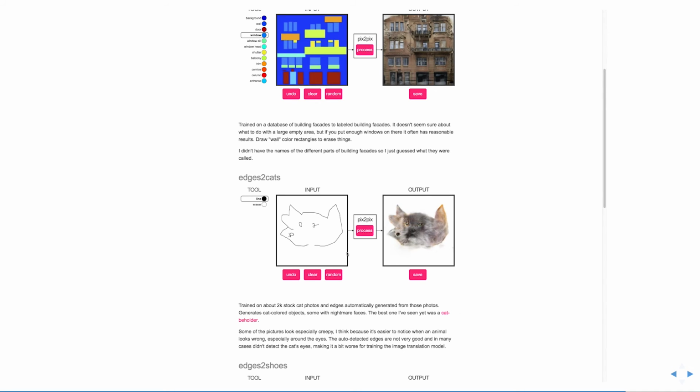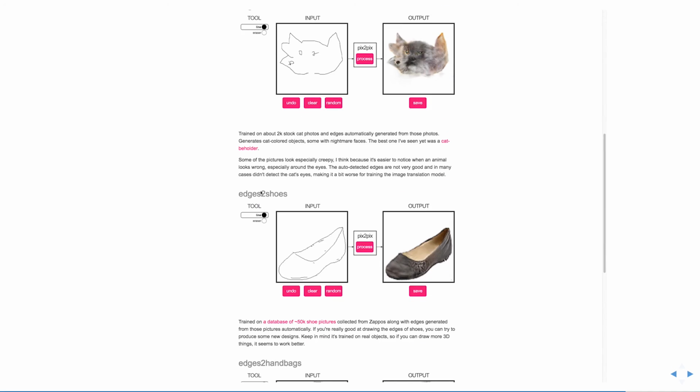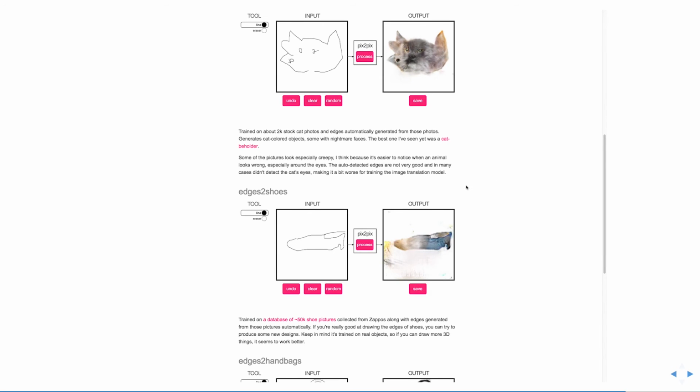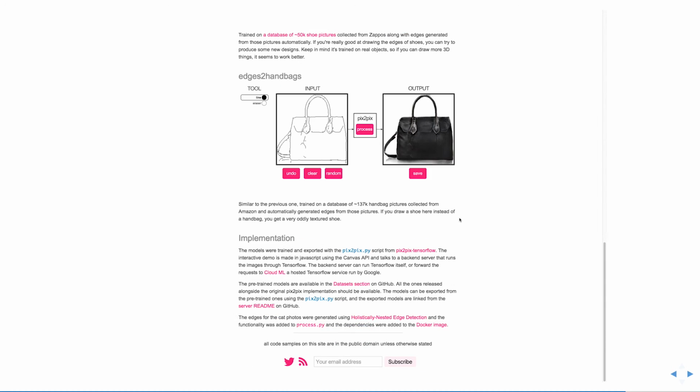Oh yeah, there's that horrible nightmare that could be a cat. But you can do shoes as well. You can make a shoe that looks shoey, and it will try. I can draw, but you can play with this at home. You can make handbags and stuff.